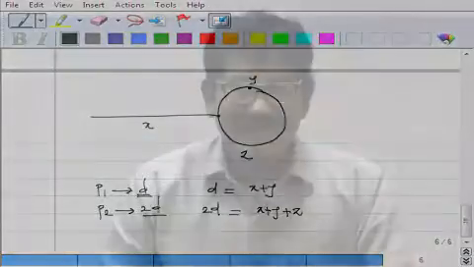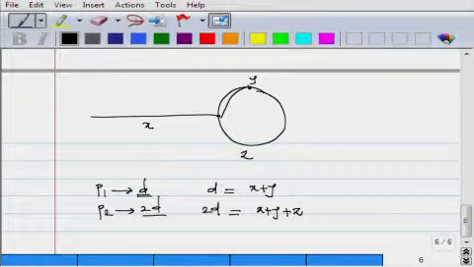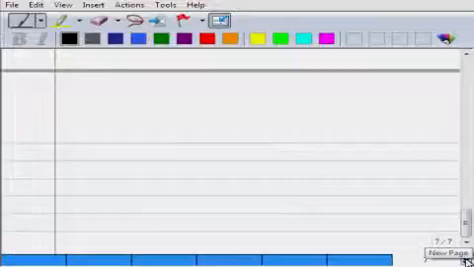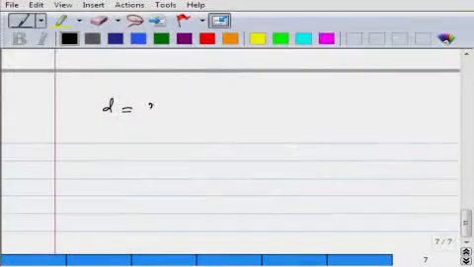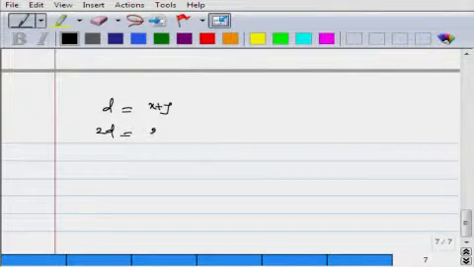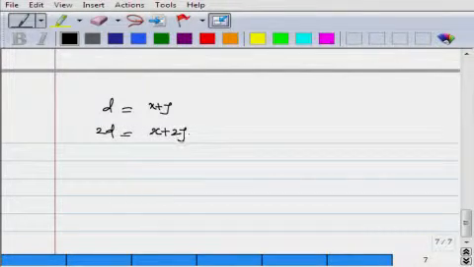Is it only this? It is not, again they are meeting at point y, so the distance y we are also going to add one more time, as it is coming back to that. So now these two things we have identified: d is equal to x plus y and 2d is equal to x plus 2y plus z. Are you agree with me?